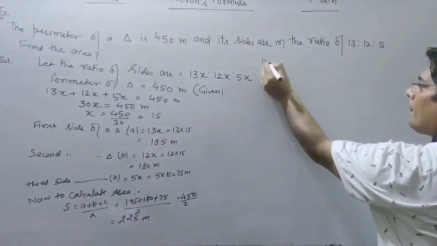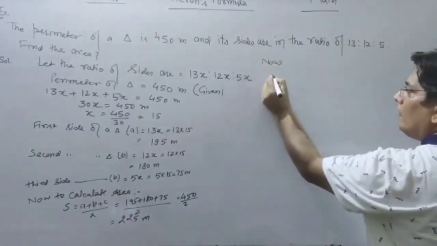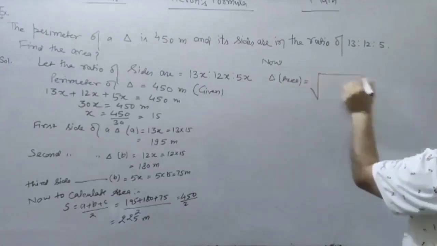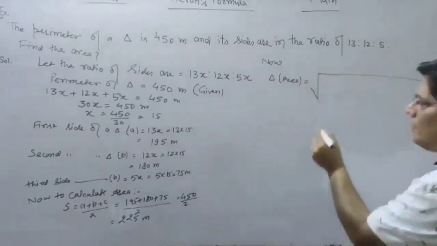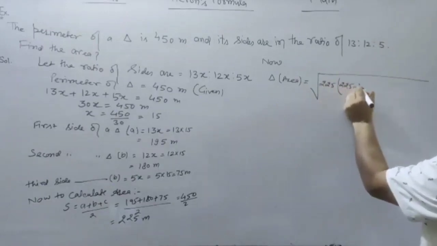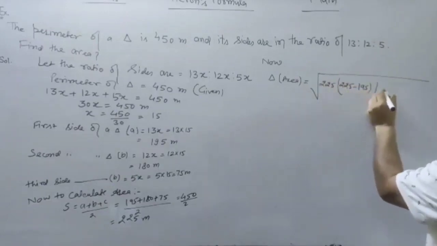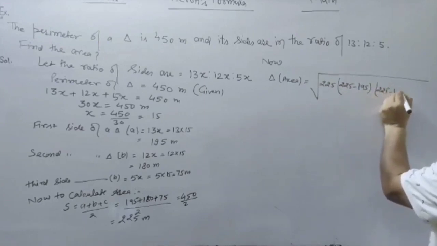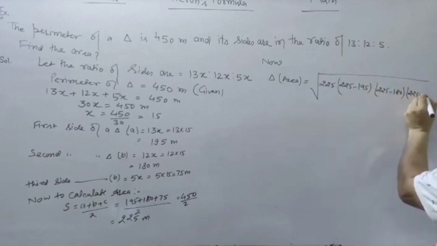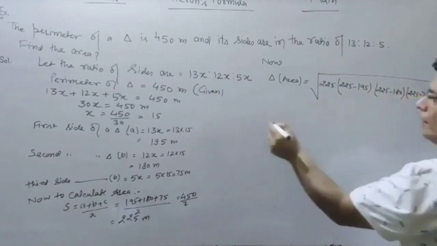Now area equals the square root of s into s minus a, s minus b, s minus c, that means 225 into 225 minus 195, 225 minus 180 and 225 minus 75.